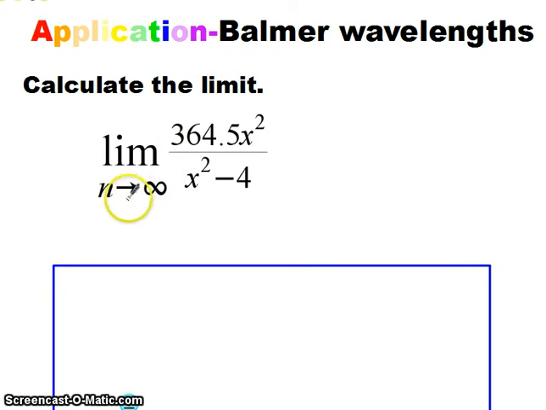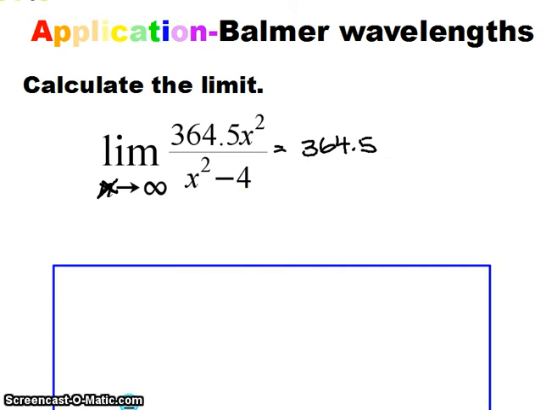As you notice, I messed something up here. There should be an x here because I'm turning it into a function. When you evaluate this limit, you see the degrees of the numerator and the denominator, and you would find that the limit as it goes to infinity is 364.5. That is one of the sequences we saw early on, or similar to this.